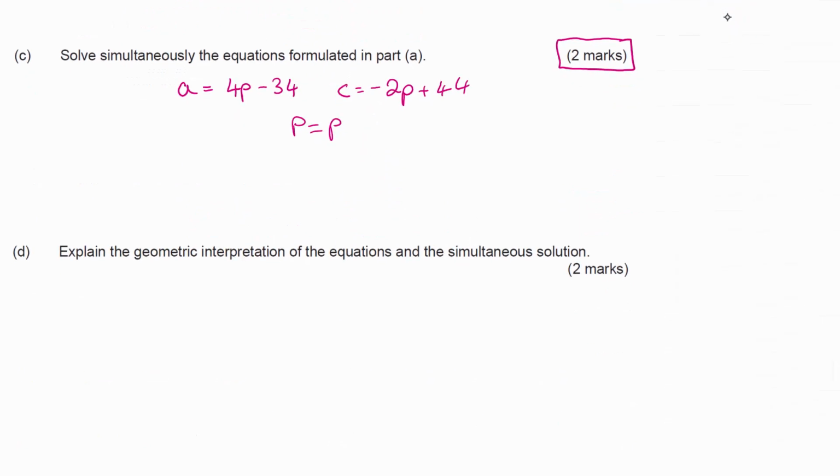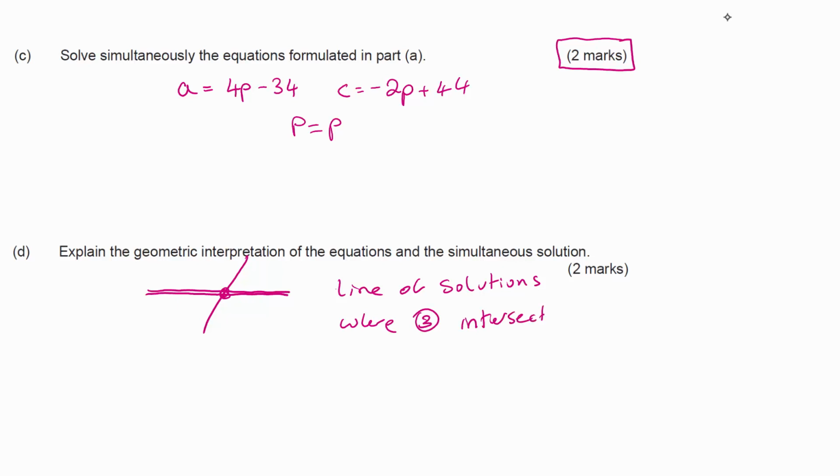And therefore, we've got the coincident plane like that with a third plane coming across, and we get a line of solutions where 3 intersects 1 and 2.